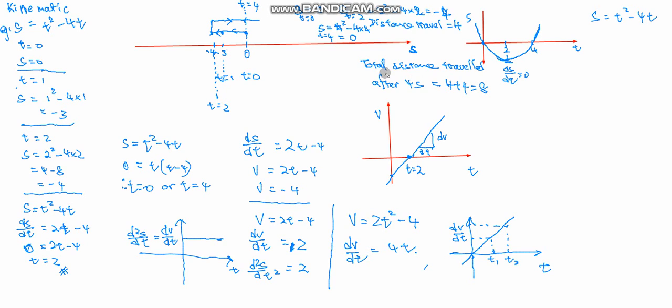So you cannot get the value by just substituting the t. Why? Because this is negative s, and then this is the gain in the distance, so they cancel each other. This distance and this distance cancel, so you get 0 if you just substitute the t.